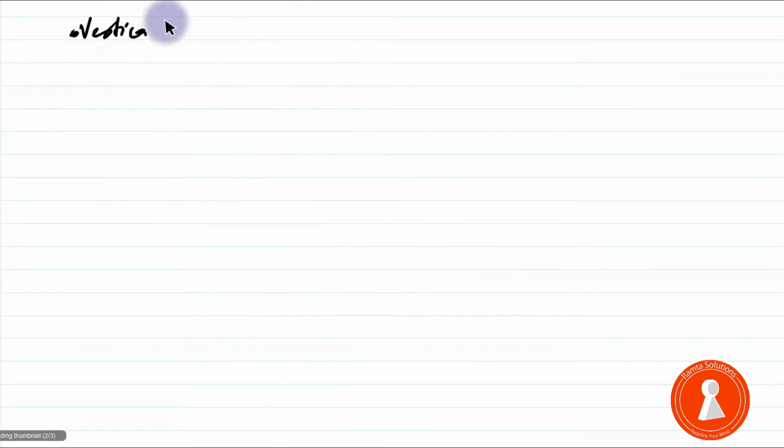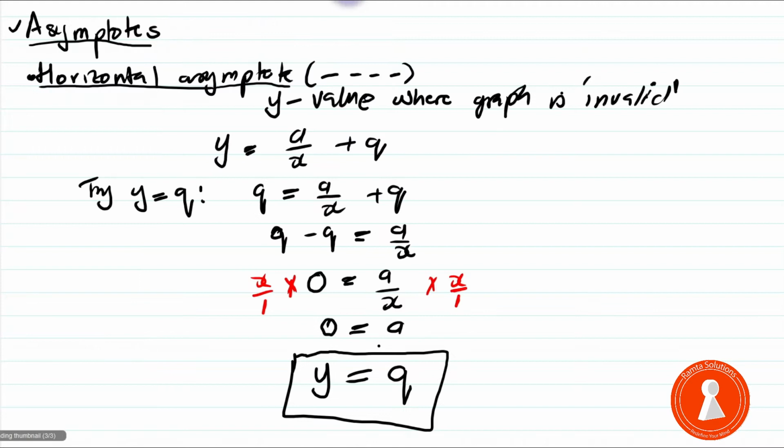Vertical asymptote. Now with the vertical asymptote, we are basically looking at the x values. I also like writing this one vertically.